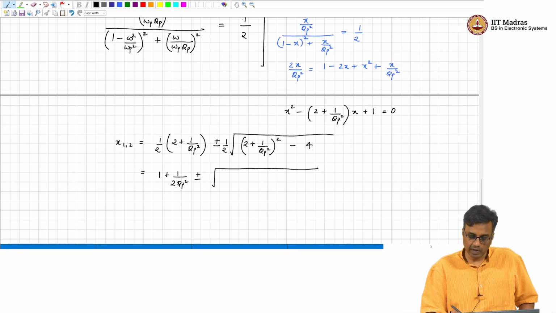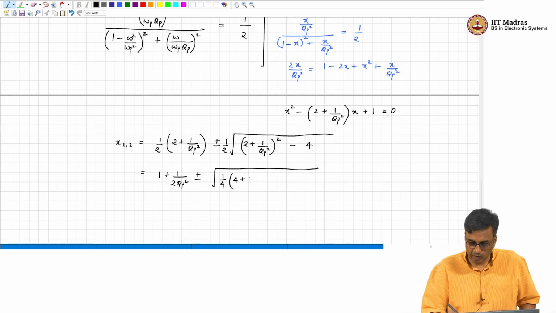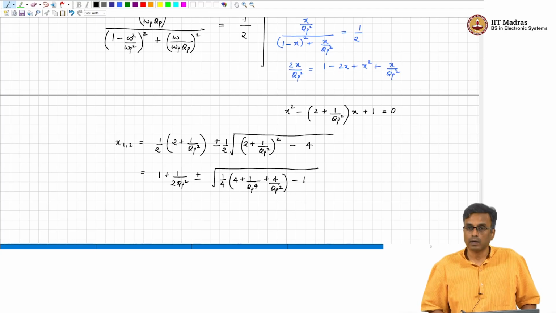We take the 2 inside, it becomes 1/4 into 4 plus 1 over Qp to the power 4 plus 4 over Qp square, minus 1.